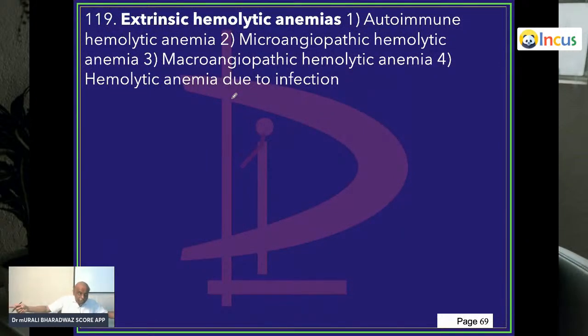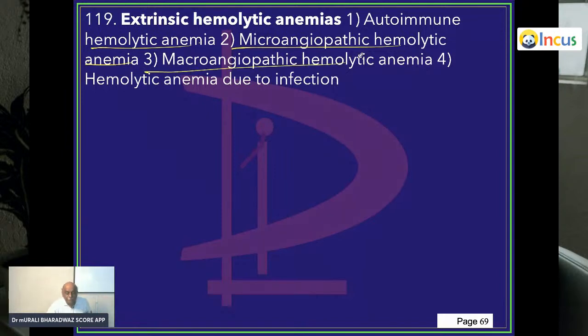Then what are extrinsic? Outside the RBC. The RBC is absolutely fit and going, but it is being attacked by the villains in the street. What are they? Autoimmune hemolytic anemia, microangiopathic hemolytic anemia. It is being crushed while passing through the platelet-rich clots formed in microangiopathic hemolytic anemia in TTP and HUS.